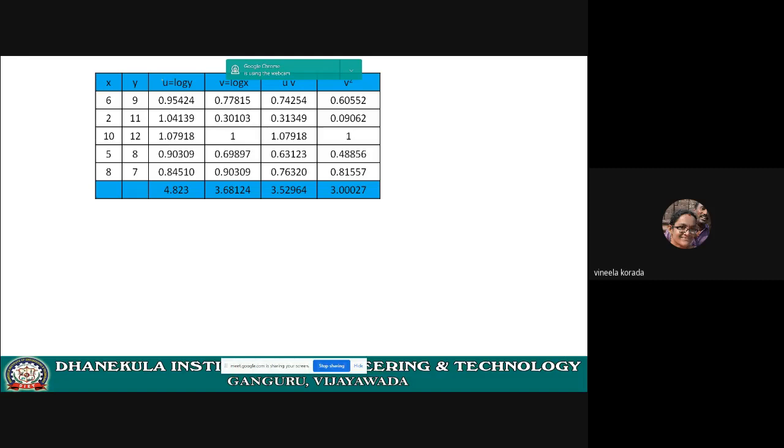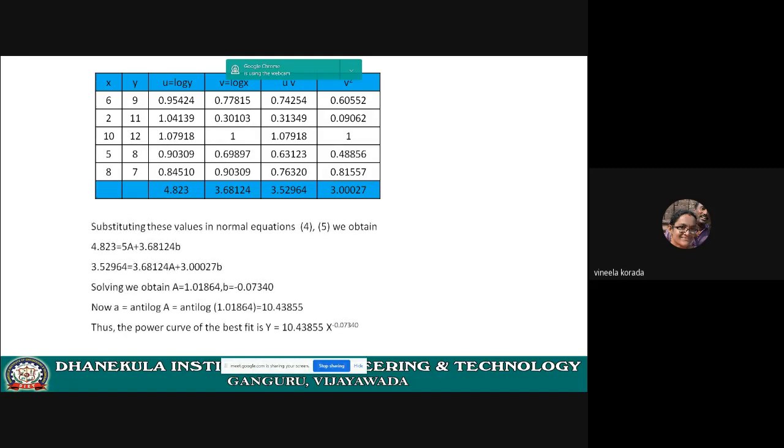So now let me substitute all these values in the two normal equations we are having.